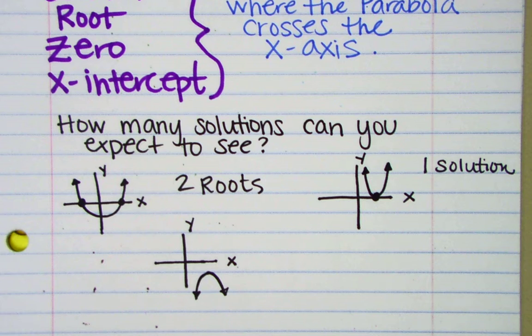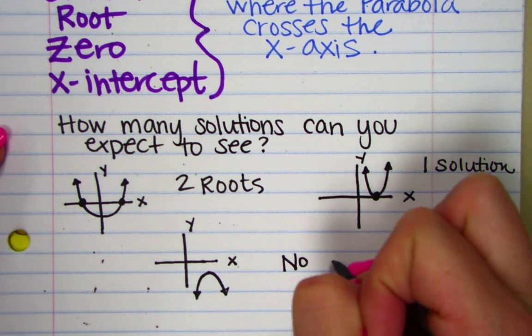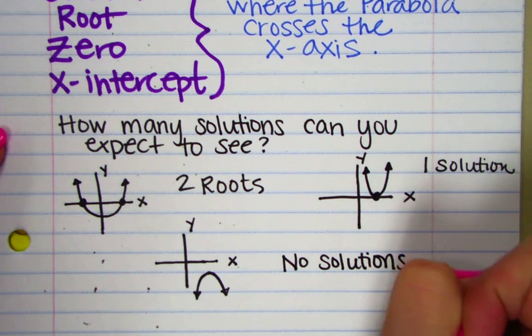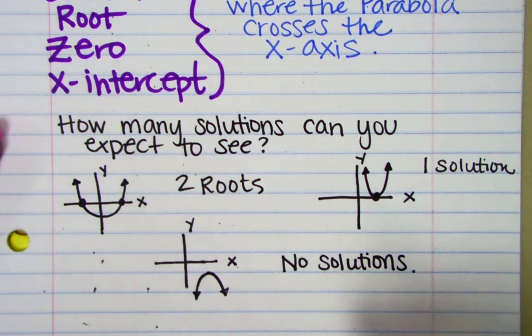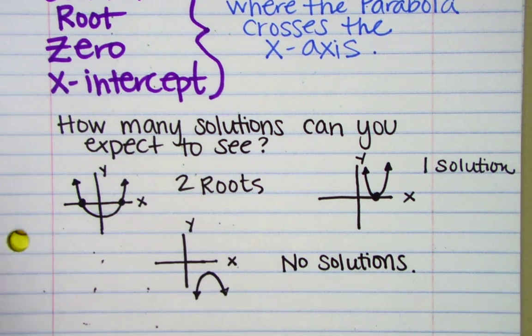Right, 0, right? If it never touches it, a solution, a 0 is where it crosses. This one will say no solution. Right, there's none. Okay, it could touch 1 time, it could touch 2 times, or it could touch no times. Those are the 3 options. Okay, for parabolas, it can only be that. Okay, there is no such thing as infinite solutions on parabolas.